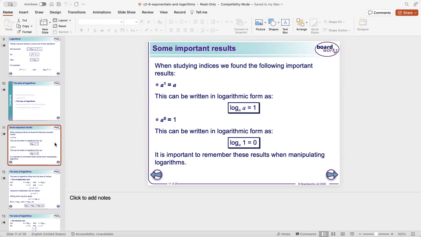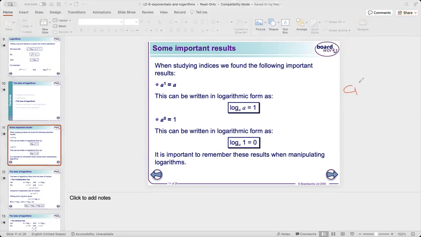So let's look at this expression too. In indices, anything raised to the power of 0 is 1, and a to the power of 1 equals a. So you have to know that.